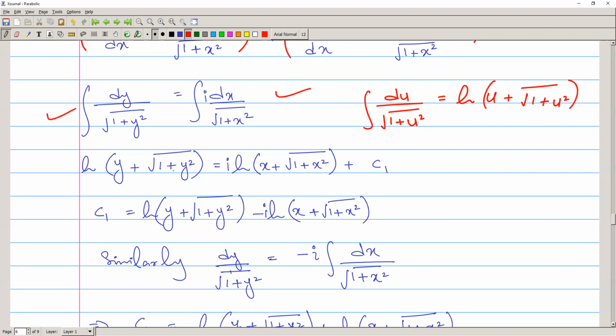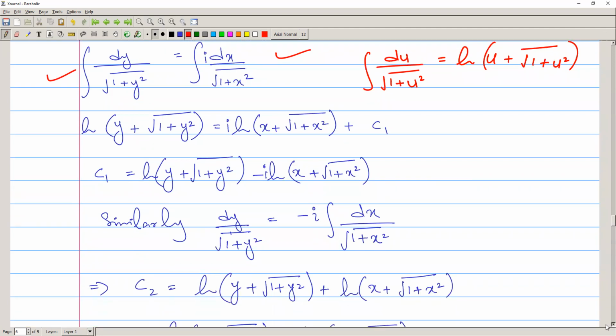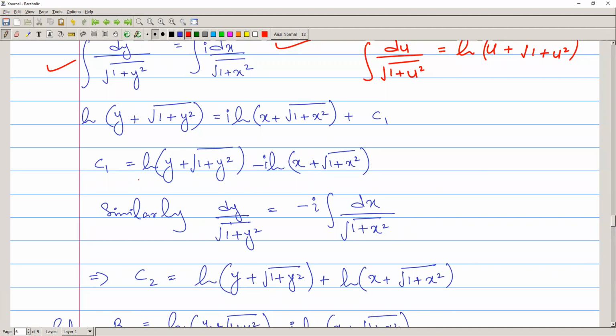We will get ln of y plus square root of 1 plus y squared, and here you get plus iota times ln of x plus square root of 1 plus x squared plus c1, right? So we can isolate c1, which is our main phenomenon. So c1 will be isolated by keeping it on the left hand side, and then you'll get ln of y plus square root of 1 plus y squared minus iota times ln of x plus square root of 1 plus x squared on the right hand side, right? So we'll keep this as it is.